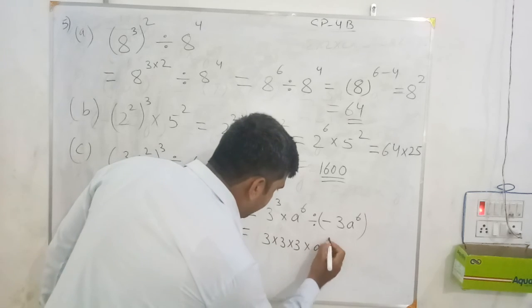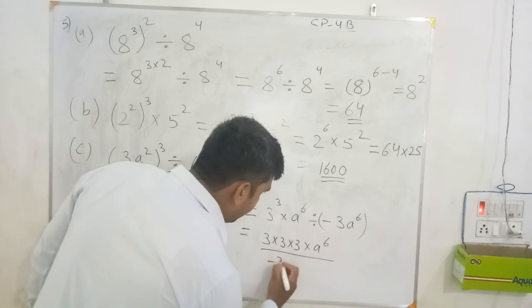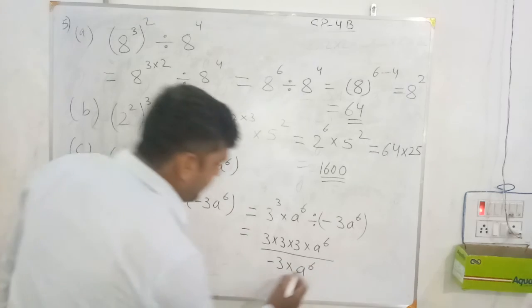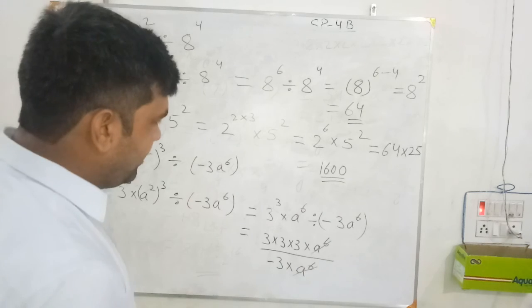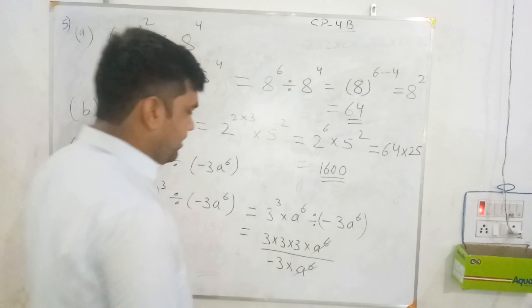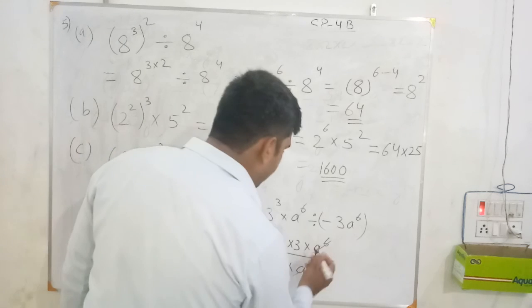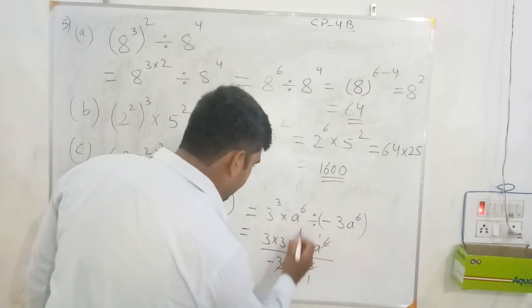Multiply a to the power 6, divided by minus 3 into a to the power 6. Now you see this a to the power 6 is the same, it will be cancelled by this, or a to the power 6 minus 6. If you apply the quotient law, then also you get 0. So the value will be cancelled one time, so this 3 is also cancelled one time.